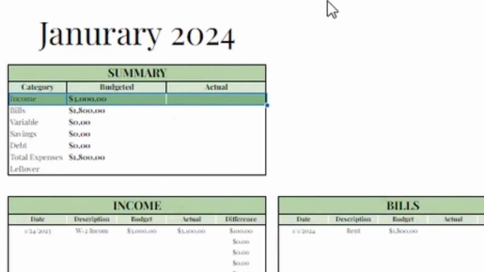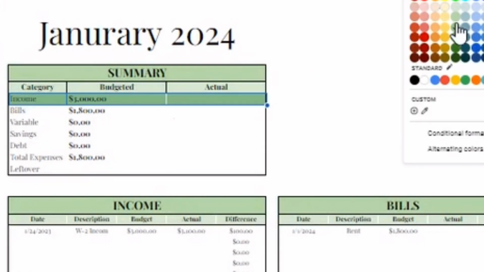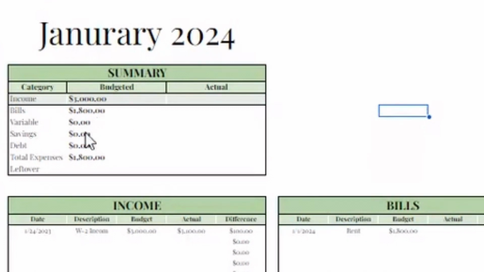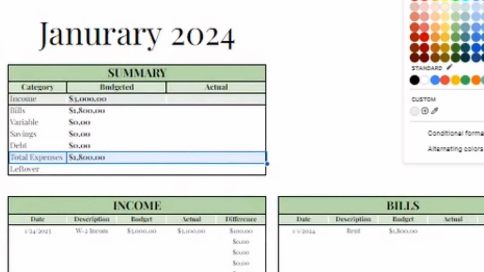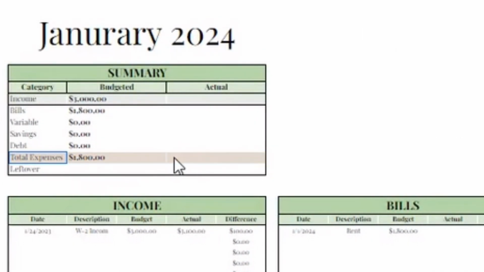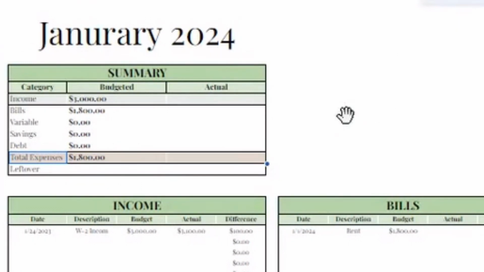I think I'm going to do a different color though, just choose whatever color you want. And then for my expenses, I can also do another color as well. And that way you know which you are comparing. Again, you can add boxes around it, whatever makes it organized for you. You can always change this.